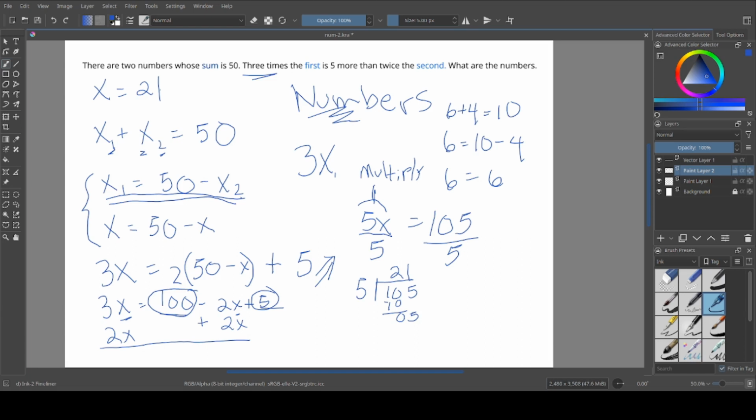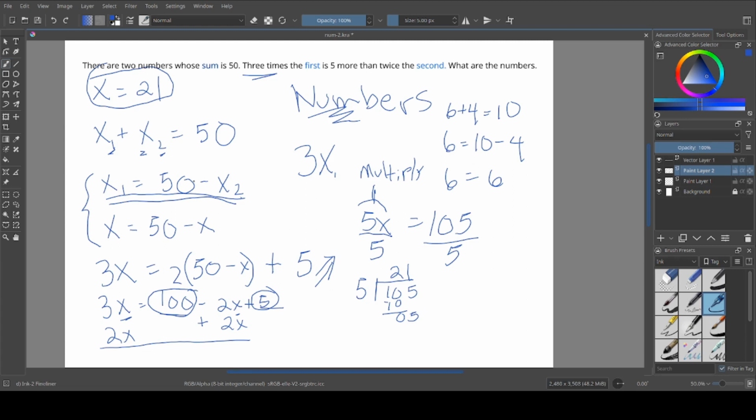Now, I want to delete some of this stuff. Where's my erase? Well, I'm just going to leave it alone. But this is the most important part right here. x equals 21.